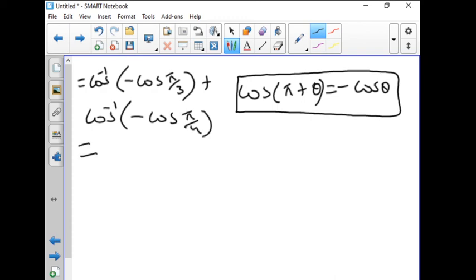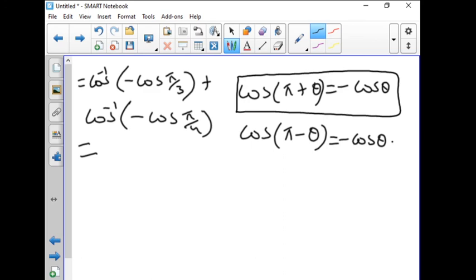So now we also know that cos pi minus theta is equal to minus cos theta. Okay, all this we have studied in plus 1.